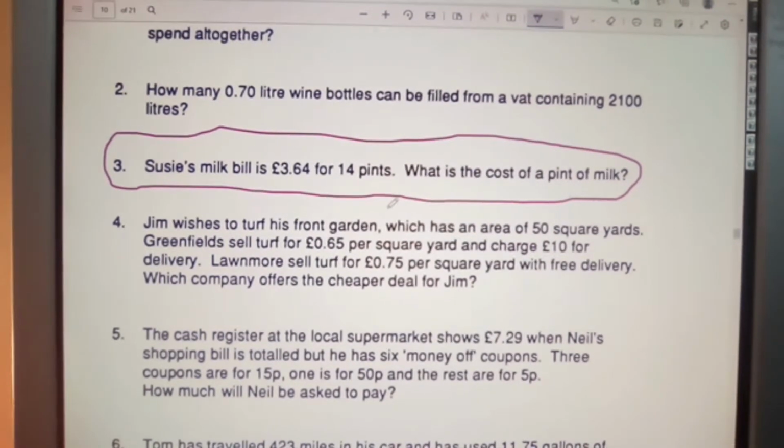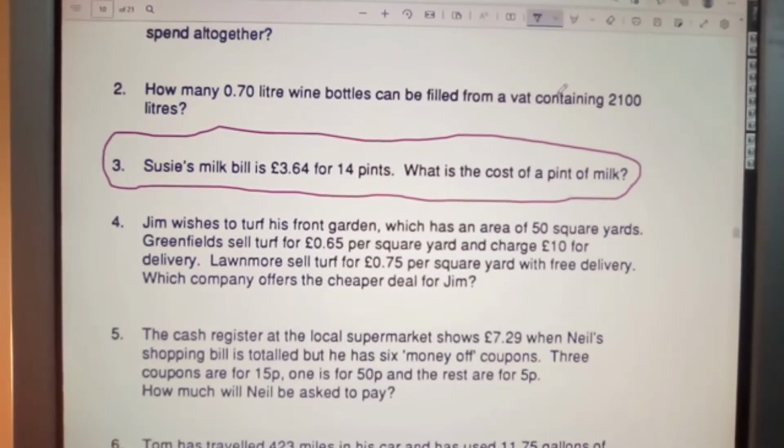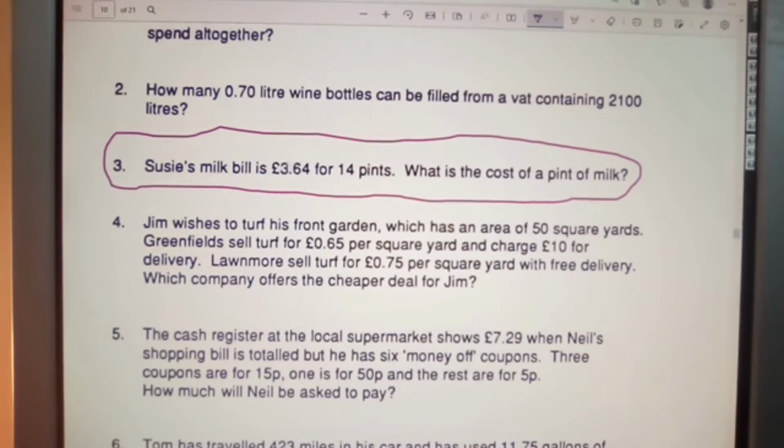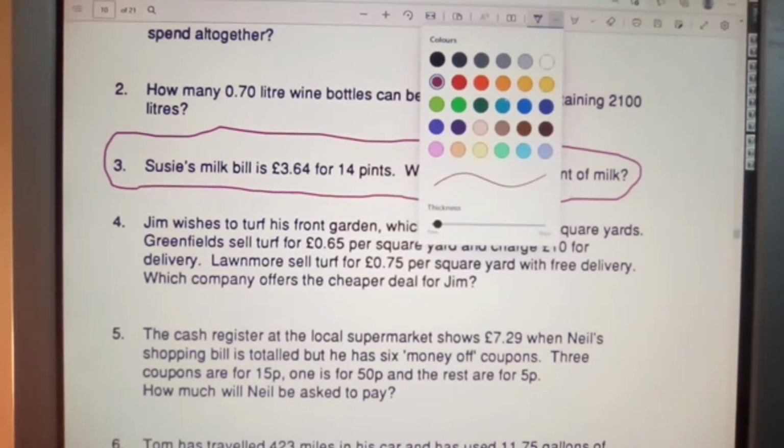Now, what are we going to do here? What must we do in order to find what the price of each pint of milk costs? Let's just have a look. Let me change my colors.